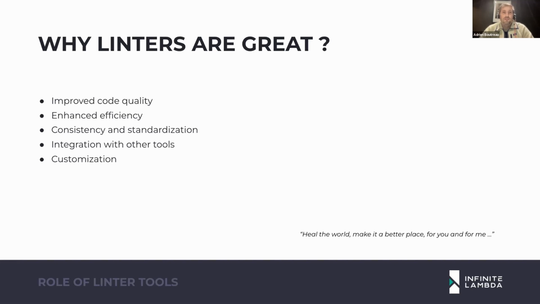Linters can enforce the coding standard and convention, helping to ensure that all the code developed inside the project is consistent and easy to read. This can be especially important in large projects with multiple developers, multiple teams working on different parts of the code base.